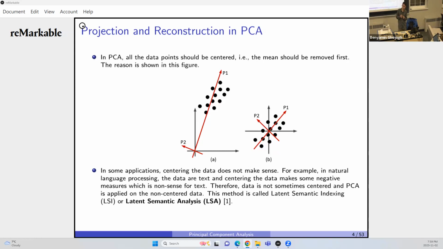It must have an origin. Because to get a projection of that vector onto a plane, you have to have an origin. For example, you can still project it without an origin.